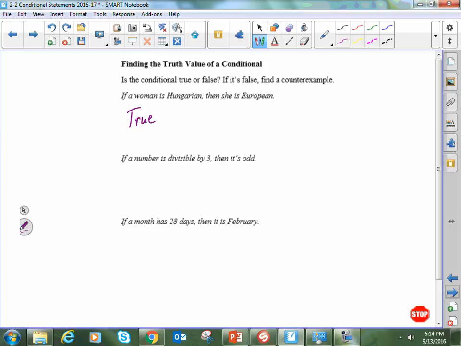Well, 6 is divisible by 3, and 6 isn't odd. If a month has 28 days, then it is February. That is also very false. Every month has 28 days.